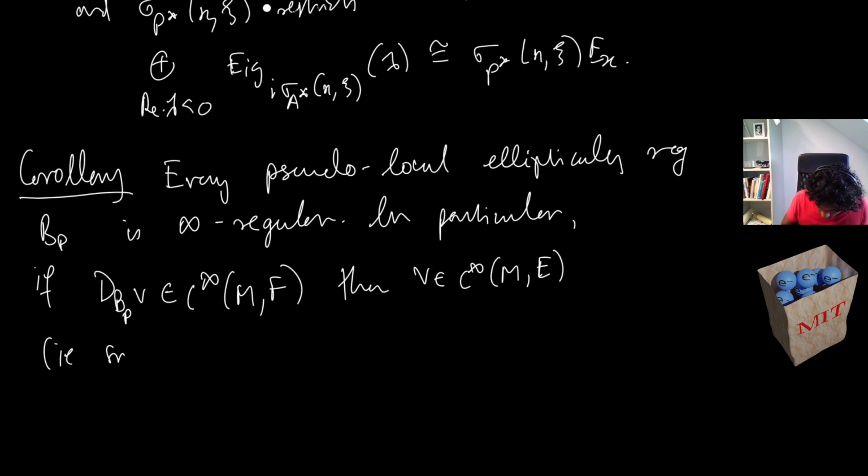So this is very important when trying to look at regularity of eigensections up to the boundary and so on and so forth if we're on a compact manifold.